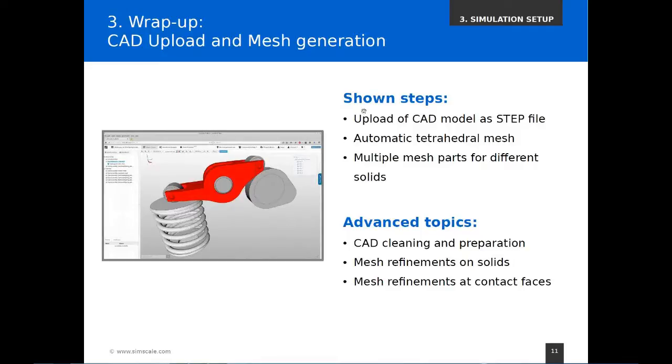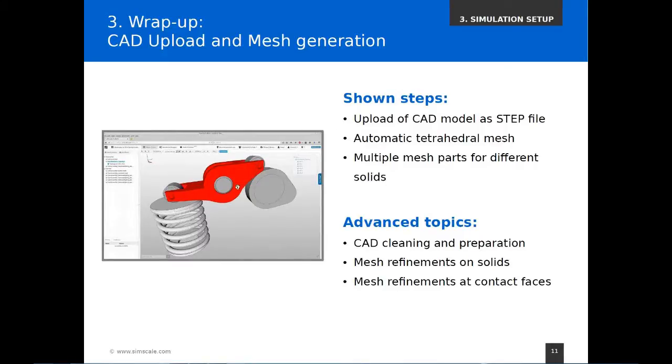It meshes assemblies, multiple parts at once, and what we have left out for today is just the preparation of the geometry, leaving out unnecessary details or parts, and mesh refinement.